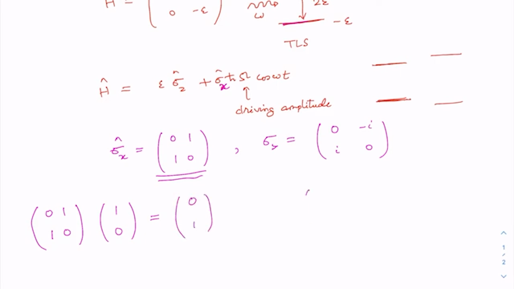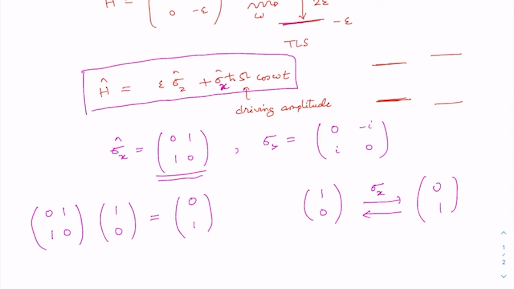That means you are going from 1 0 to 0 1 under the application of sigma x. That means a transition is going to take place from the ground state to the excited state, or the excited state to the ground state, and so on. So therefore this is going to be an interesting Hamiltonian to study here.